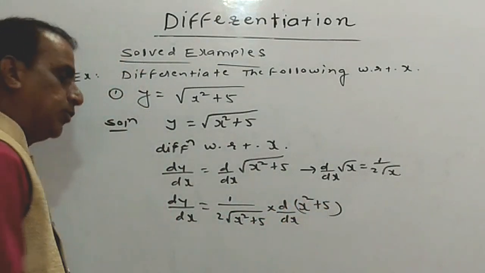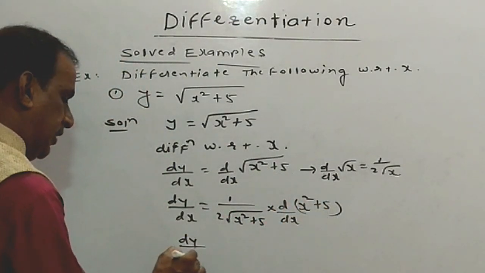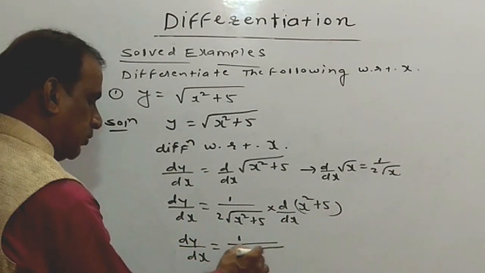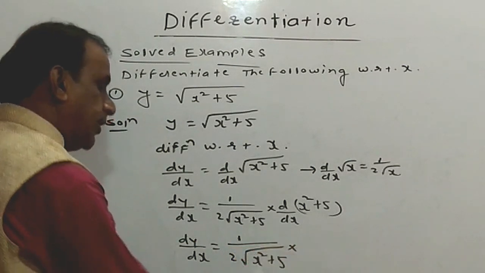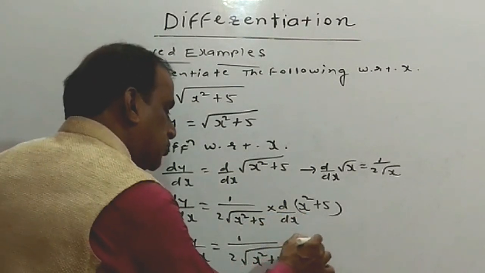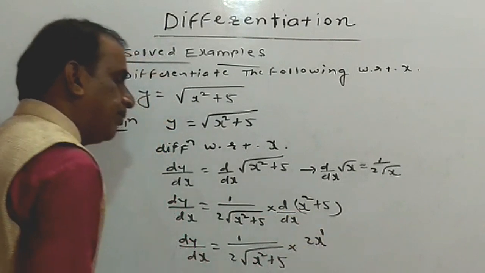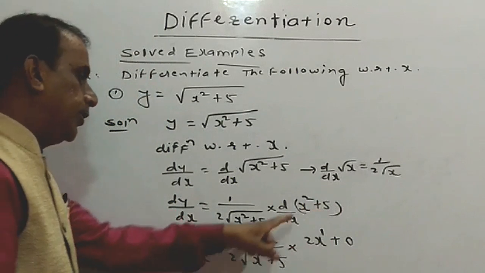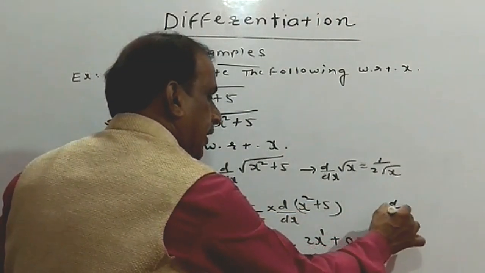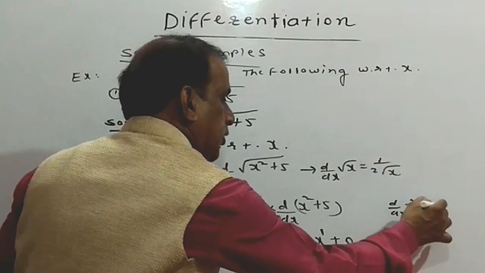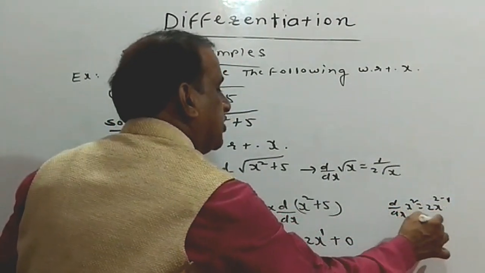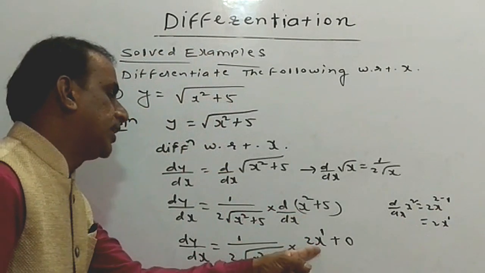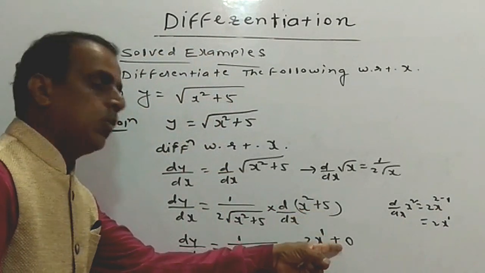Derivative of x square means 2 into x to the power 2 minus 1, means 2x. Derivative of 5 means 0.